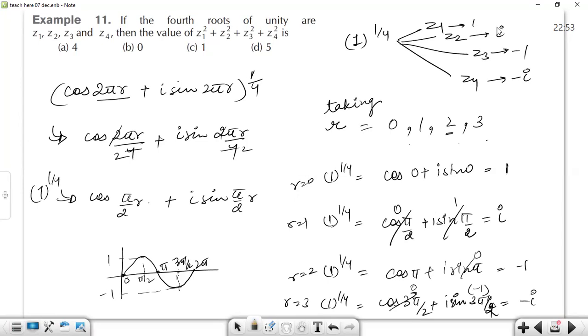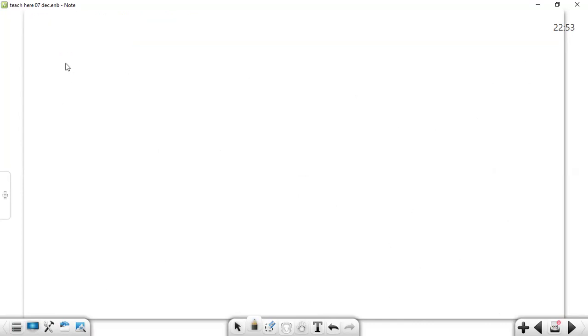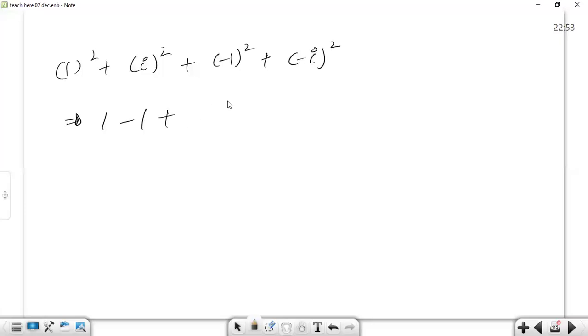Now we have to square them all and add. So 1 square plus iota square plus minus 1 square plus minus iota square. So 1, iota square is minus 1, minus 1 square becomes plus 1, minus iota square becomes iota square only, and iota square is minus 1.